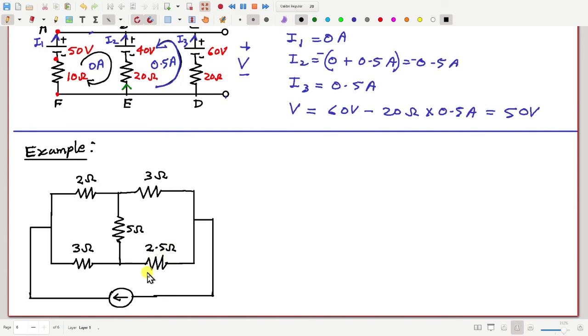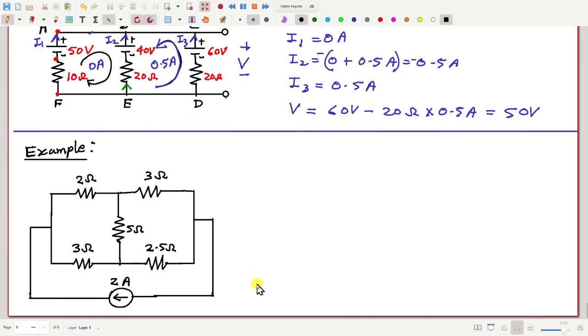Suppose this is a 2 ampere current source. Solve this circuit. You can use any method you like, nodal, mesh.